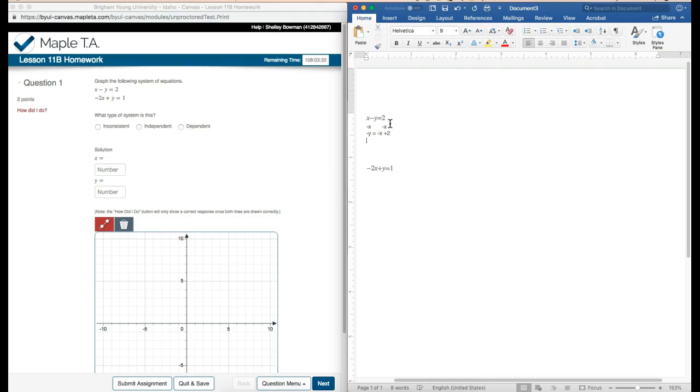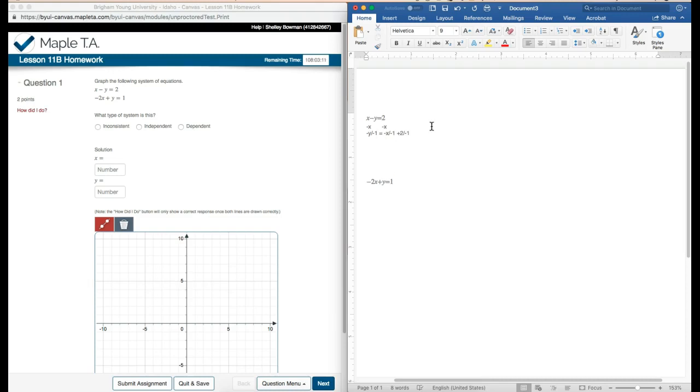Now I want to continue solving for y, and because it has a negative 1 here, negative 1 times y, to get rid of that I'm going to divide every single term by a negative 1.